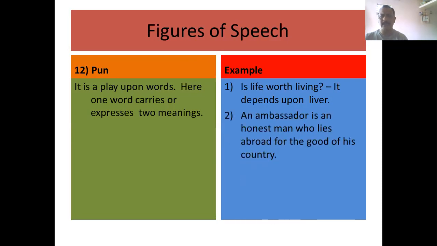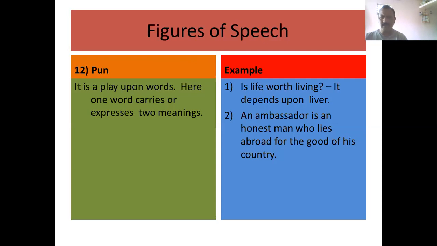Then the second example is there. An ambassador is an honest man who lies abroad for the good of his country. Now here, lies is the word that is having two meanings. Lie means just you are lying on the bed.